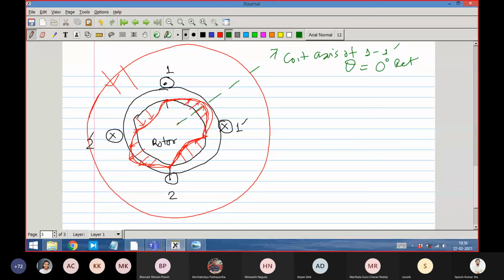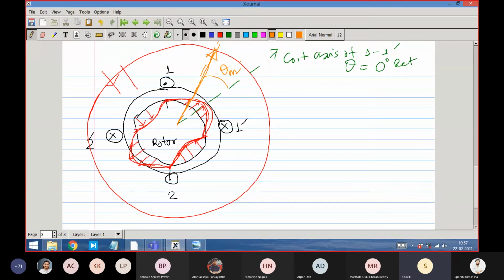And with respect to that, we think that the rotating magnetic field is located at this point, and this angle with respect to this is theta m.